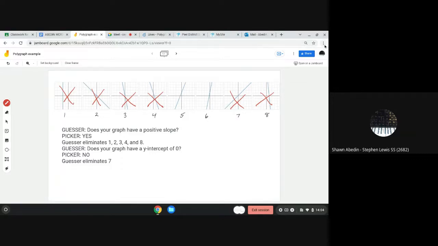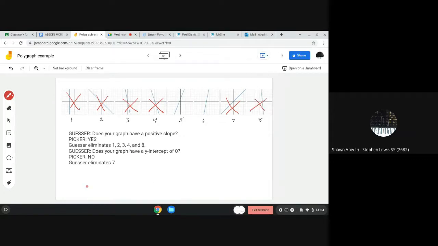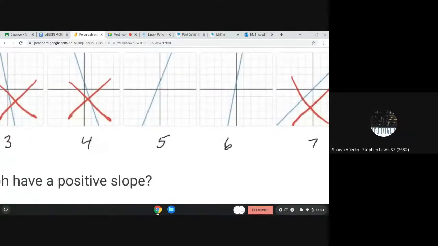I'm going to put the zoom back up here. We'll do a last question. And maybe we'll have to get very specific here. So I'm going to actually try to zoom in. I'm noticing here that for graph 5, it looks like it has a slope of, I wonder if I can actually determine it accurately here, but I don't think I can.